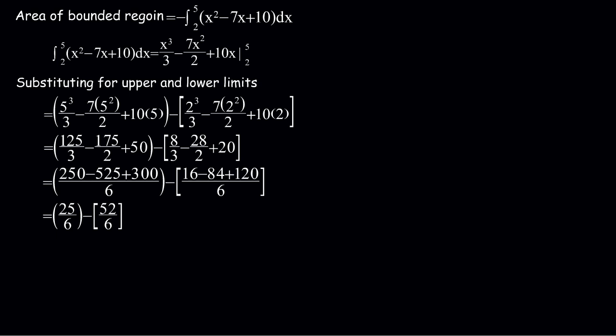And simplifying further, it will be equal to minus 27 divided by 6, which when broken down will be equal to minus 9 over 2, which is also equal to minus 4.5.